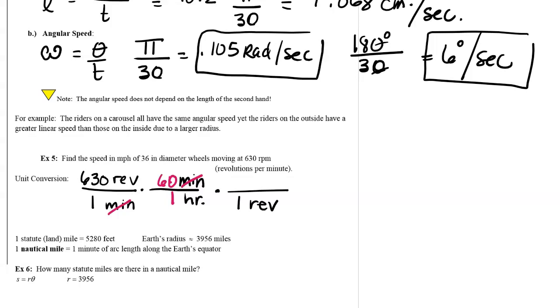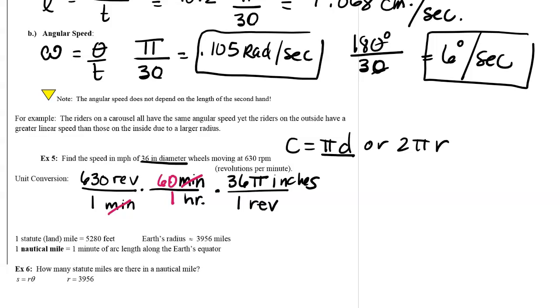Remember circumference is pi d or 2 pi r. So you're going to need to know the diameter, and you're going to want it in inches. So this is 36 pi inches. I just used the circumference formula: pi times diameter 36, and you want to include your units, which is inches.